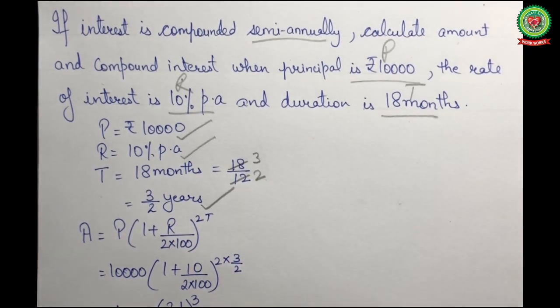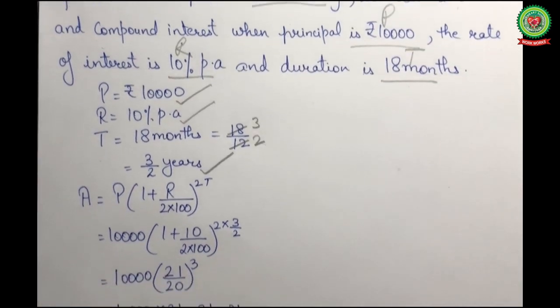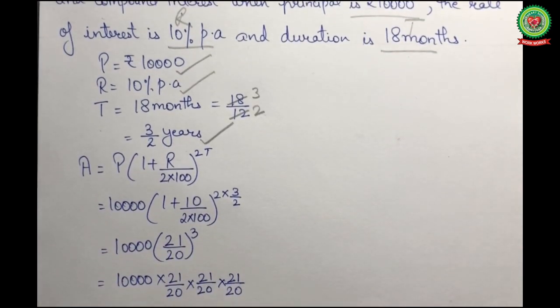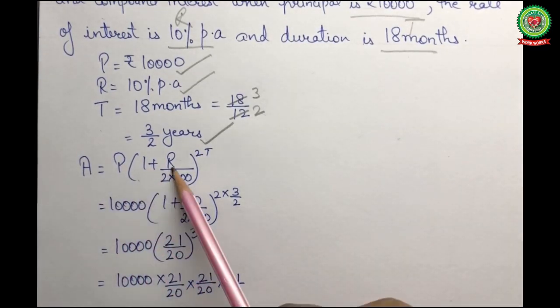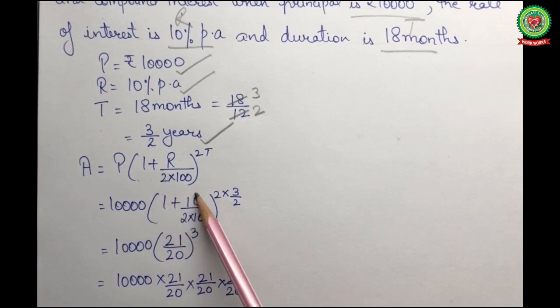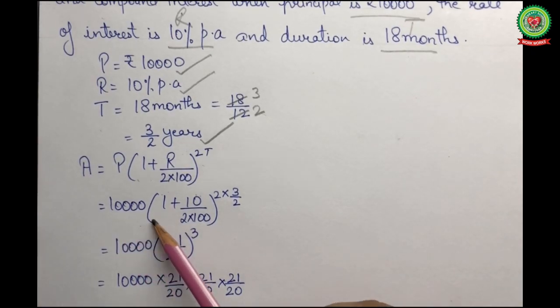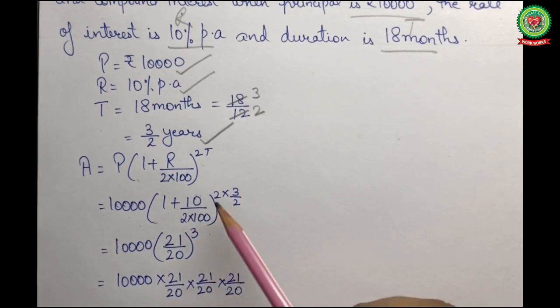Now we are going to apply the formula of amount if the interest is compounded semi-annually or half yearly. The formula is A = P(1 + R/(2 × 100))^(2t). Now we are going to substitute the values of principal, rate and time. On substituting, we get 10,000(1 + 10/(2 × 100))^(2 × 3/2).